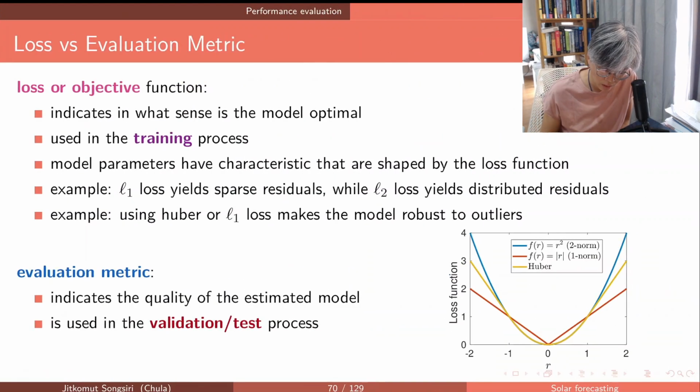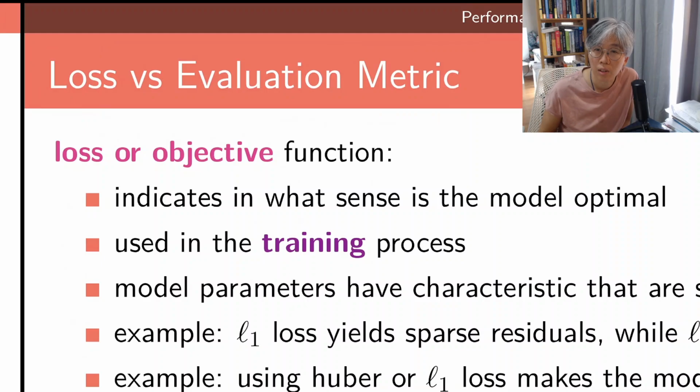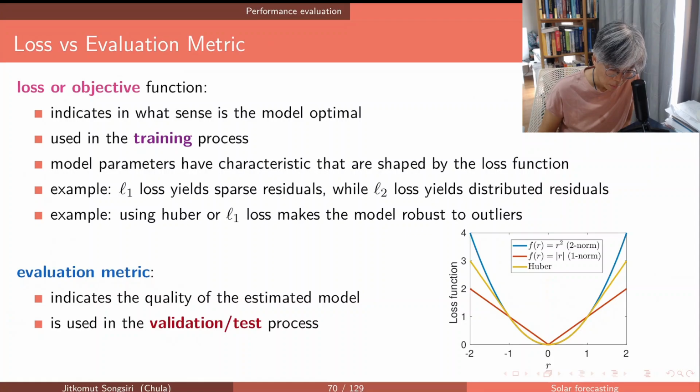For the performance evaluation, let's try to make it clear about the concept of the loss function and evaluation metric. When we use the term loss or objective function, most of the time we mean the objective in the training process. It indicates in what sense the model is optimal.